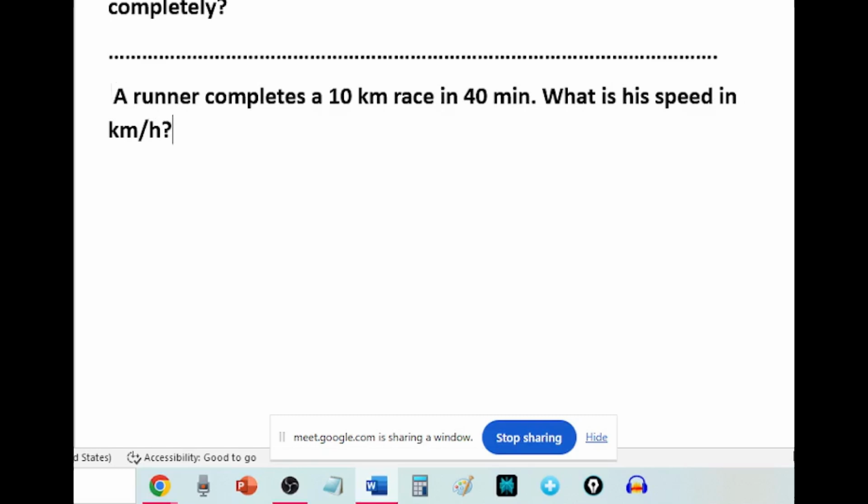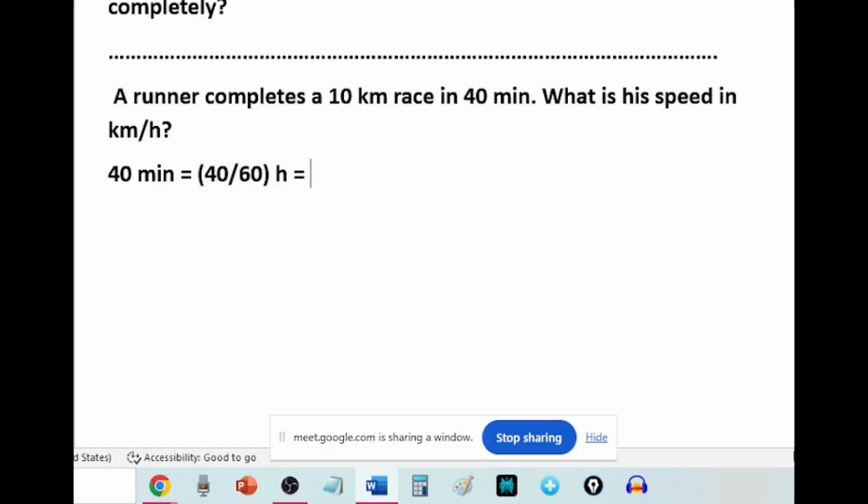Tell me, what do you do? Kilometer per hour. So kilometer is okay. Change minutes into hours. 40 minutes will be how many hours? 40 by 60 hours.